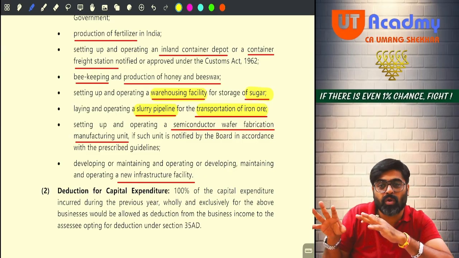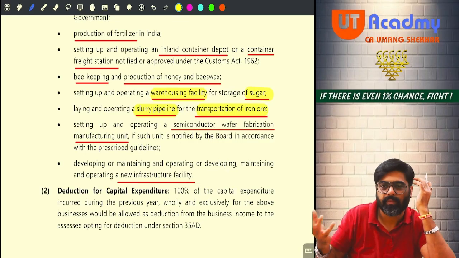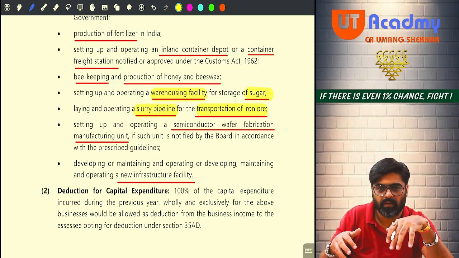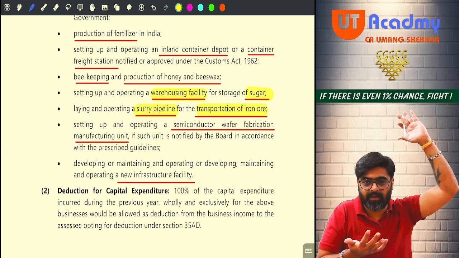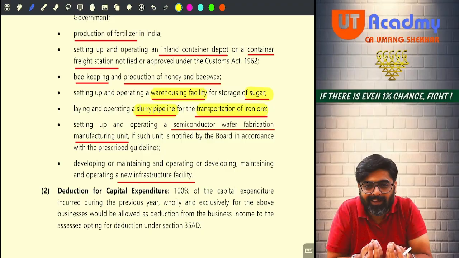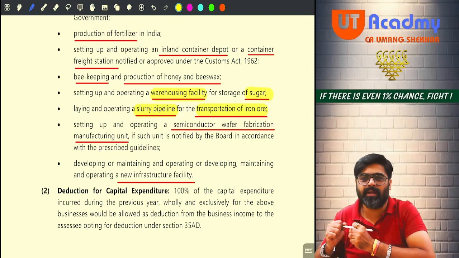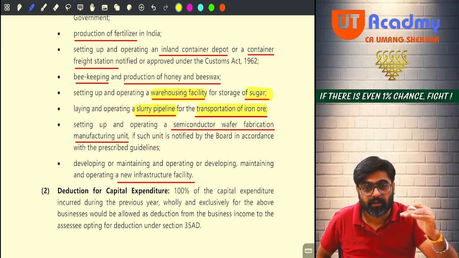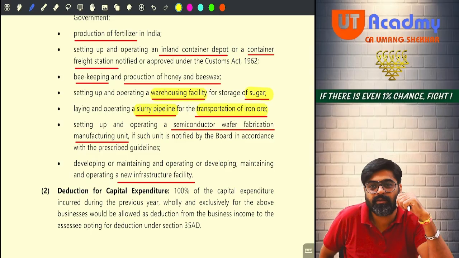It will be thrown into a hot vessel so that the entire water content gets evaporated and what remains is soil. In that soil, iron ore is there, that will be extracted. But this transportation through the pipeline reduces wastages.